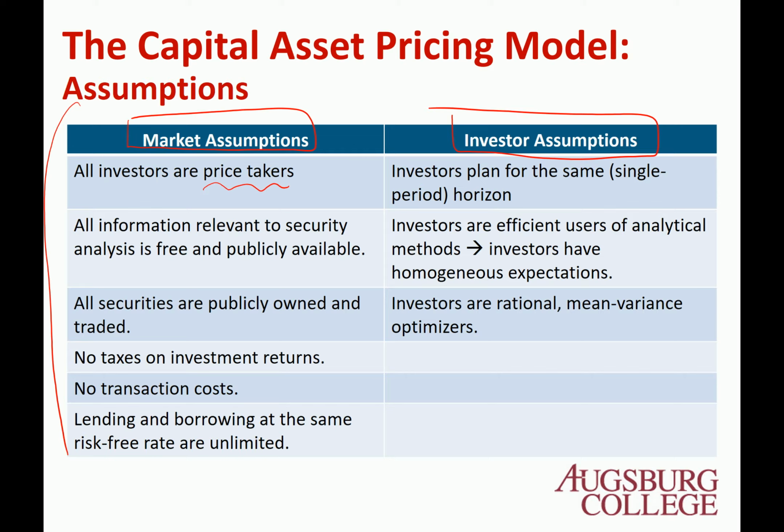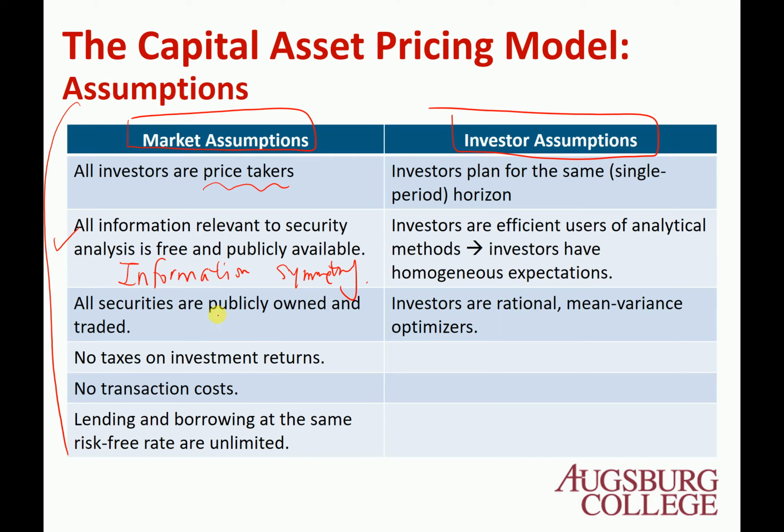Number 2, all information relevant to security analysis is free and publicly available. This is a very strict assumption, the symmetric information assumption. It assumes that all information is equal for everybody, which is not really realistic, but we have to assume this to make the model work.